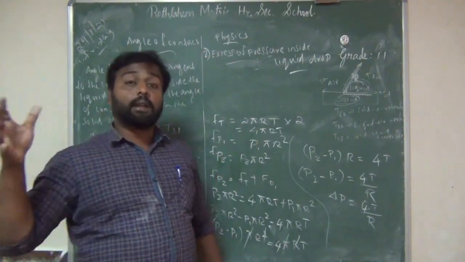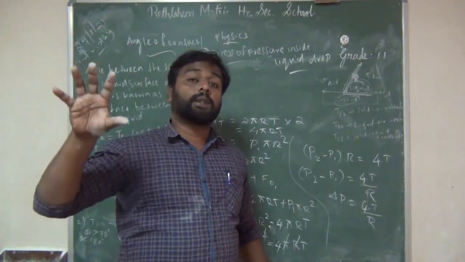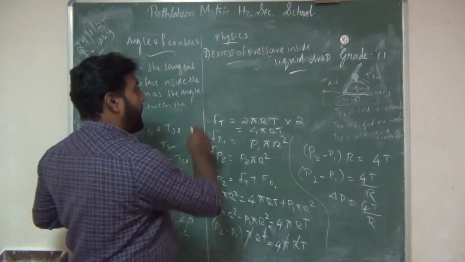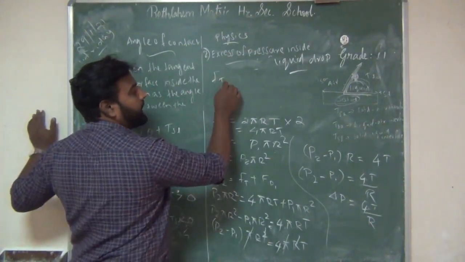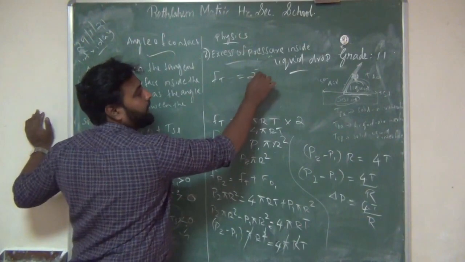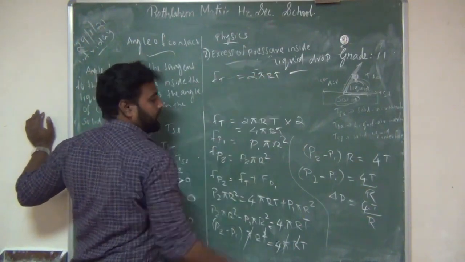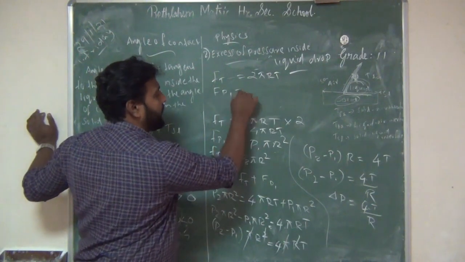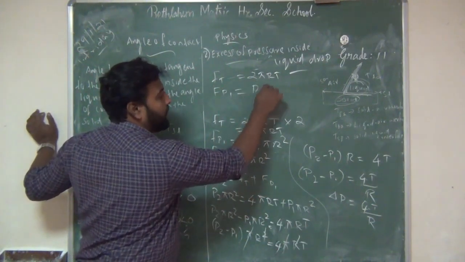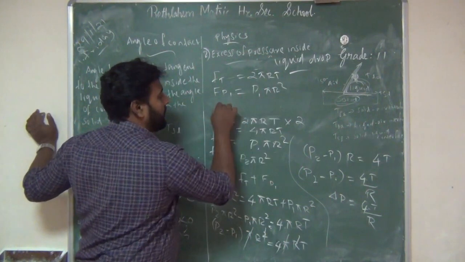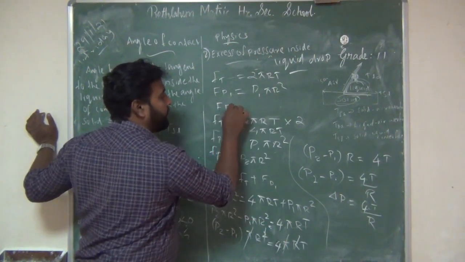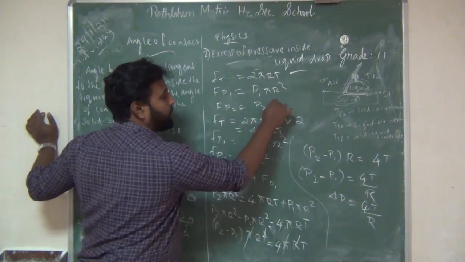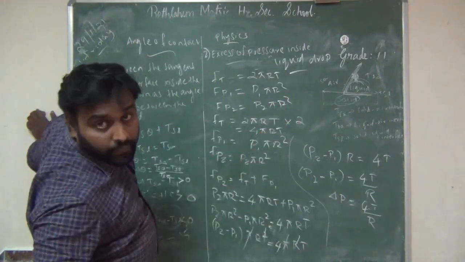So the same thing, F T: around that rim is acting 2 pi RT, and the outside pressure Fp1 is equal to P1 pi R square. The inside pressure Fp2 is equal to P2 pi R square.